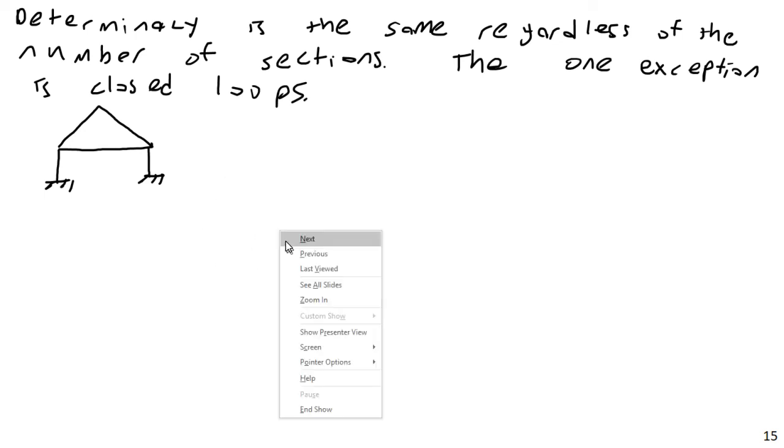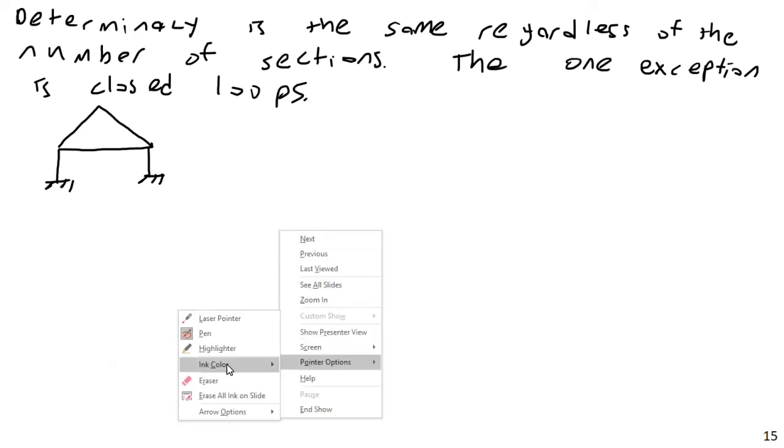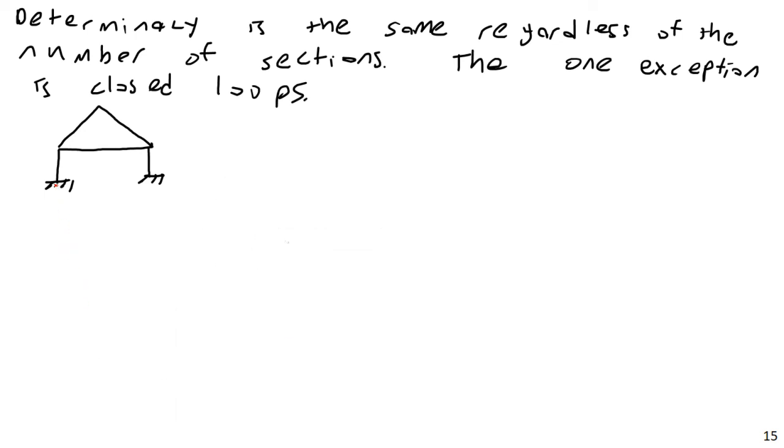Let's look at the reactions in this one. Here, I would have 1, 2, 3, 4, 5, and 6. So if I analyze this as one piece, n equals 1 and r equals 6. So I would report that this is indeterminate to the third degree, r minus 3n.